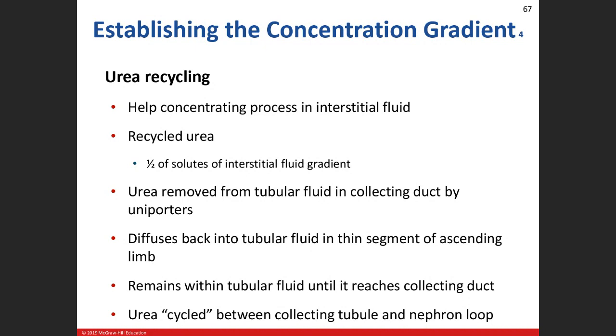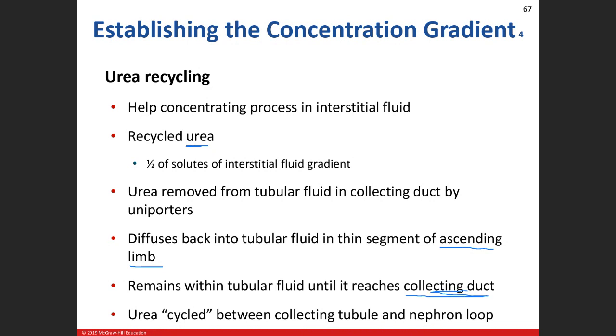Your body is actually going to recycle urea between two regions of the renal nephron. Predominantly, it goes back and forth between the ascending limb and the collecting duct.